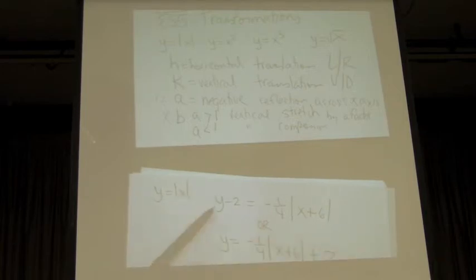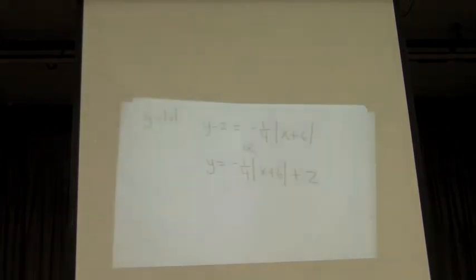If we took the function y equals the absolute value of x, and we said y minus 2 equals negative 1/4 times the absolute value of x plus 6, we could also say it's y equals negative 1/4 times the absolute value of x plus 6, plus 2. Does everyone see that these two are the same equation?